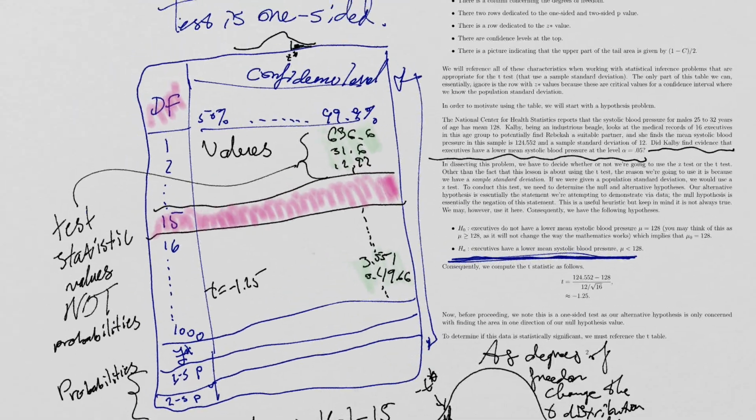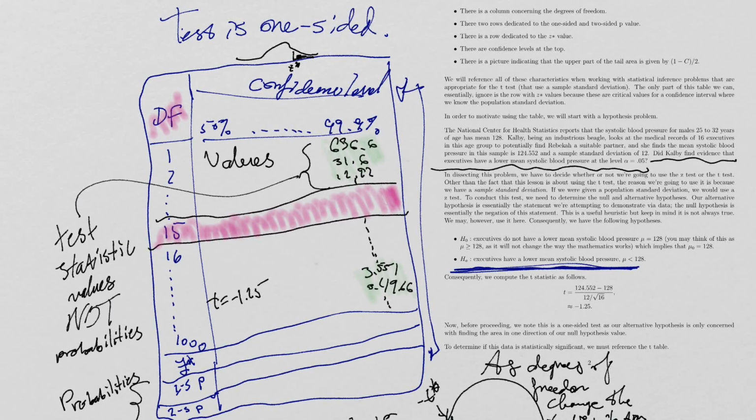But our t-table gives probabilities to the right, not the left.